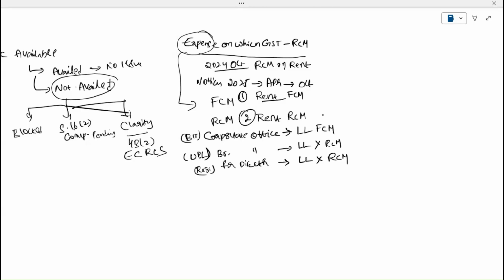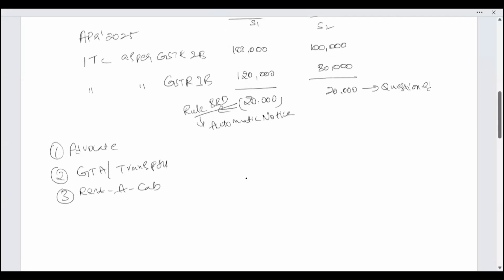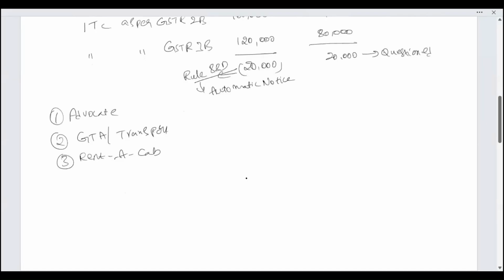When I go to GSTR-3B, in Table 3 there is clause D, where I state these are all expenses on which I paid tax under reverse charge. Which expenses may I need to use this for? Rent, advocate, GTA or transport, rent a cab services, where there is a forward charge and a reverse charge.